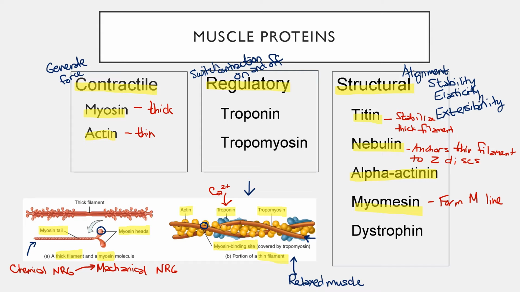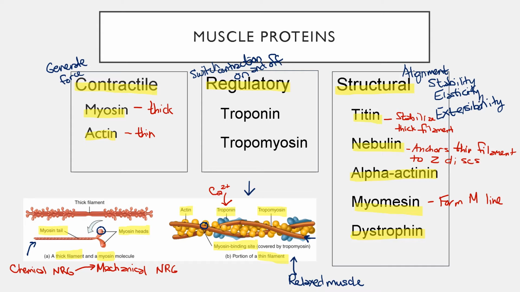And then we have dystrophin, which is probably the most important structural protein in my opinion. And this is going to be the one that you're going to want to remember here. So dystrophin links the thin filaments of the sarcomere to integral membrane proteins of the sarcolemma, which are attached in turn to proteins in the connective tissue extracellular matrix that surrounds the muscle fibers.